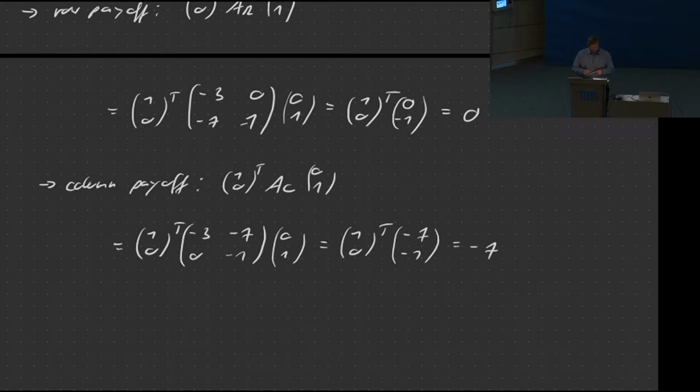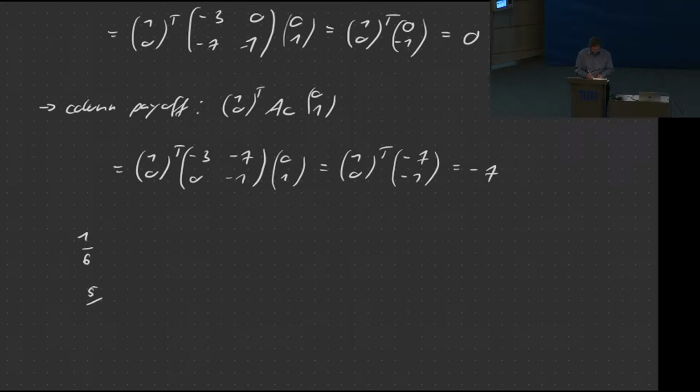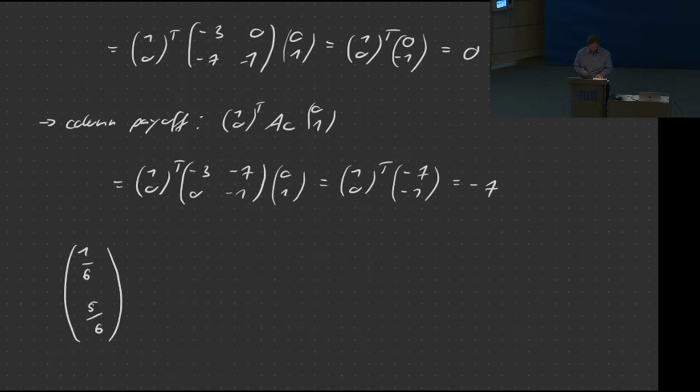Okay, and of course you can also do this with mixed strategies. So let's say, as we just had in our example, let's say the row player chooses to play this strategy, 1/6, 5/6, so confessing with a probability of 1/6 and denying with a probability of 5/6.